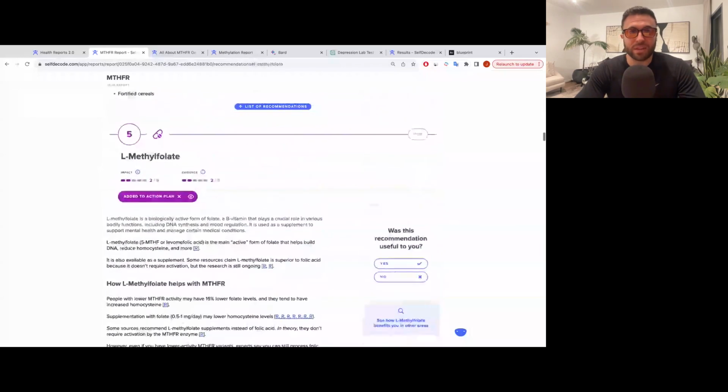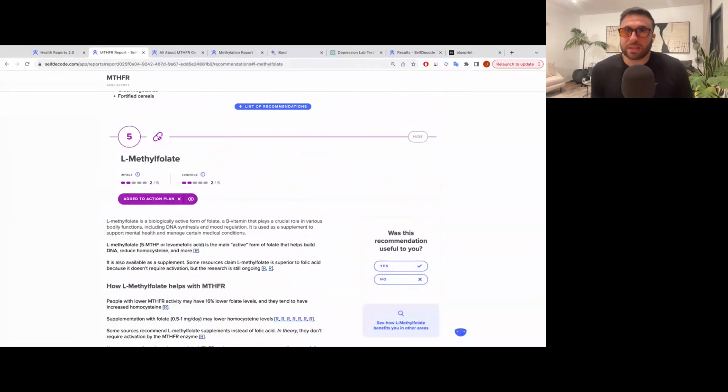Now, methylfolate, I want to be clear about something. If you have this MTHFR enzyme, this poor genetic variation that doesn't convert the synthetic folate as well, I want to be clear that you should also check your homocysteine. It's not that clear that if you have this MTHFR variation there are any negative consequences if your homocysteine is at a good level.